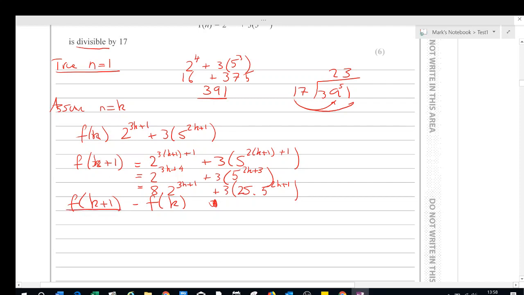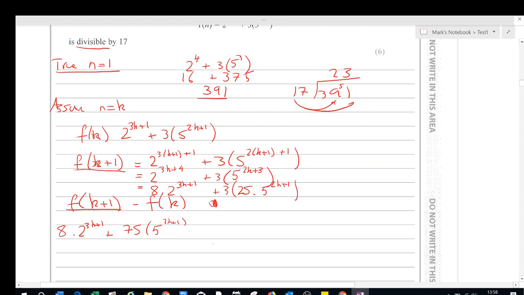So f of k plus 1 was this. So it's 8 times 2 to the power of 3k plus 1 plus 75 times 5 to the power of 2k plus 1. That's f of k plus 1.